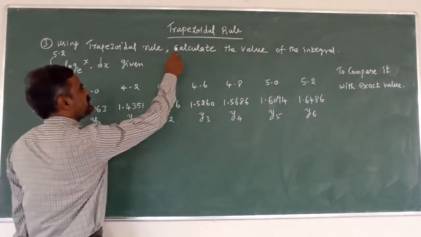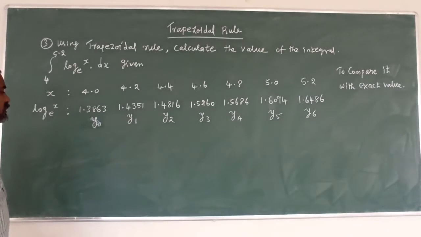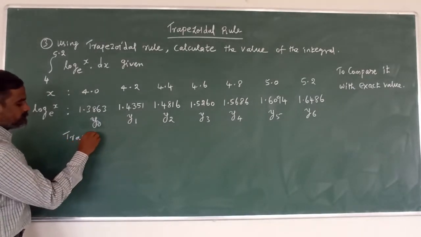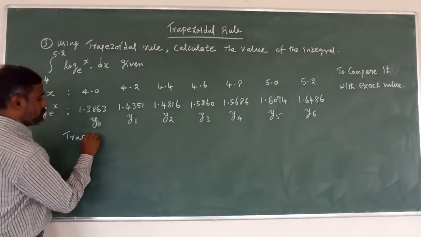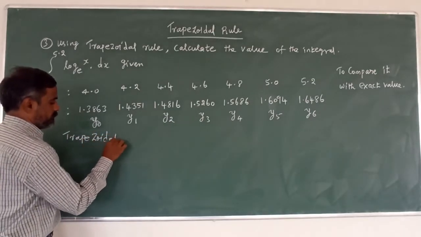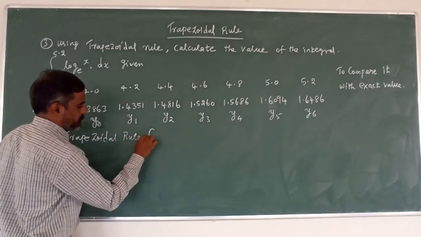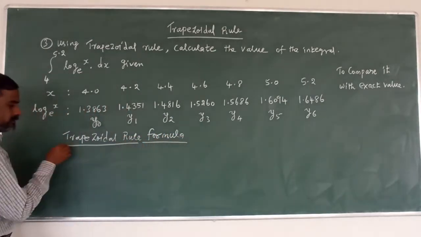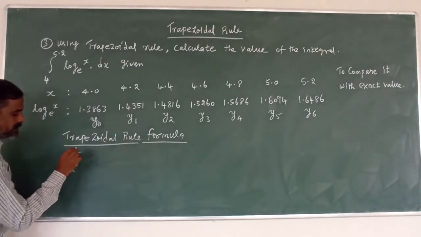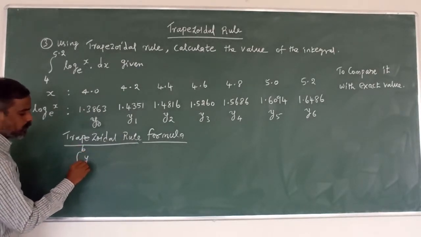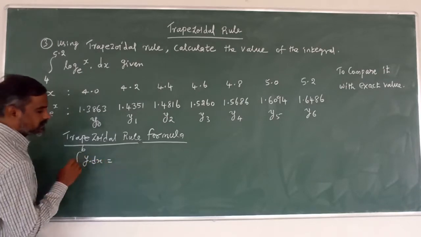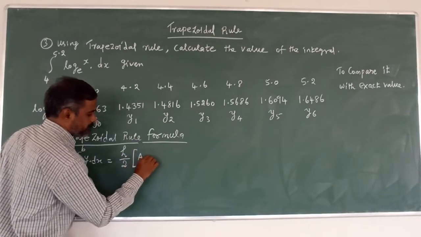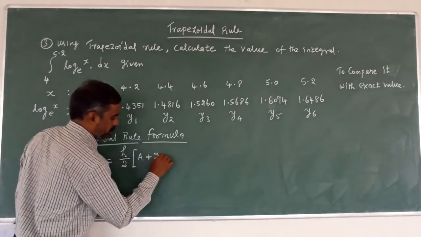Using the trapezoidal rule, the formula is: integration a to b of y dx equals h divided by 2 within bracket A plus 2B.